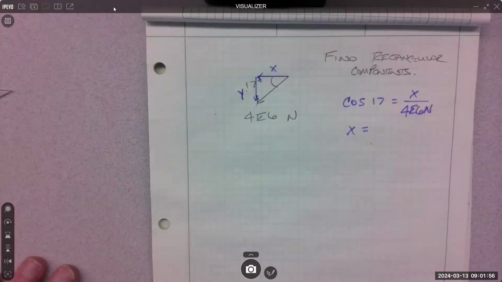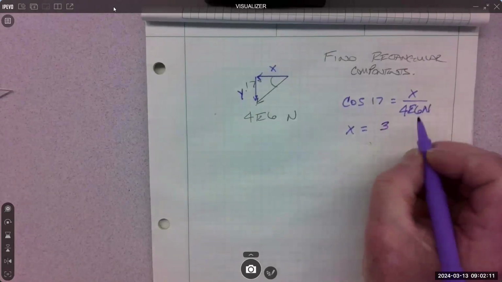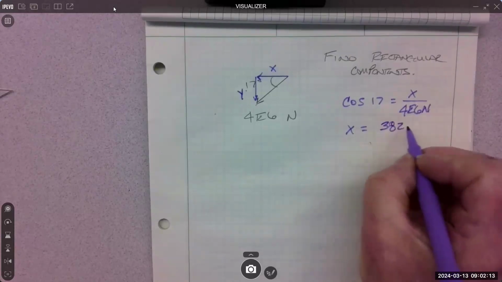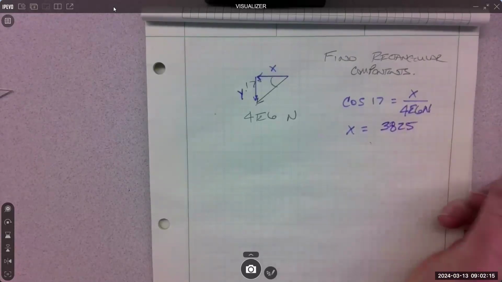What do we get for the X component? I'm hearing different numbers. 3.825E6. 3,800,000. 3,825.